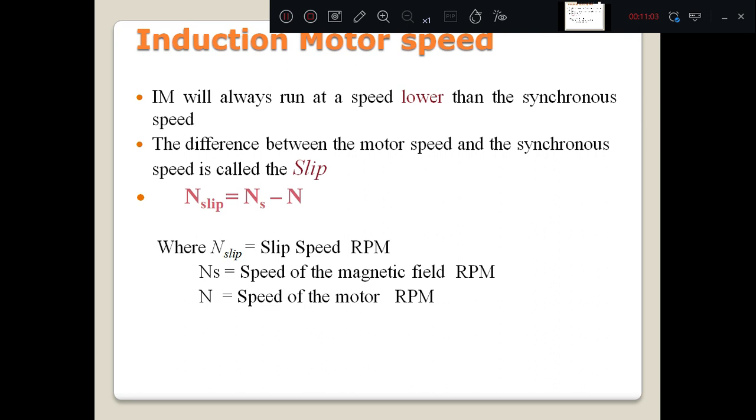One is the rotating magnetic field, rotating at the synchronous speed ns. At the same time, the rotor rotates with a speed of n rpm. There is a difference between the rotating magnetic field speed and the rotor speed. This difference is called the slip speed, represented by n slip. It is the difference between the synchronous speed and the rotor speed, and it is also measured in rpm.